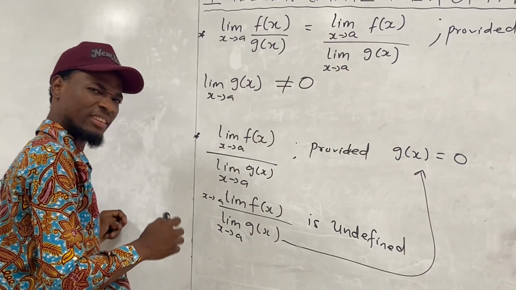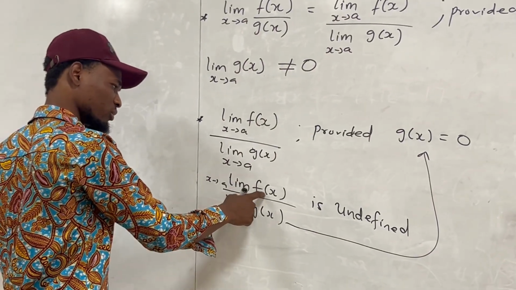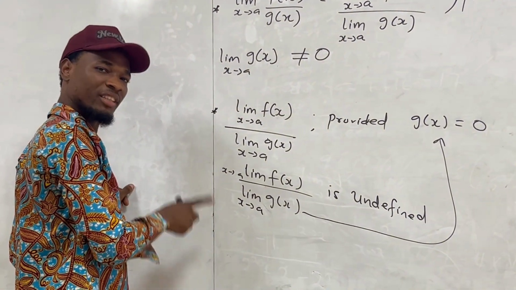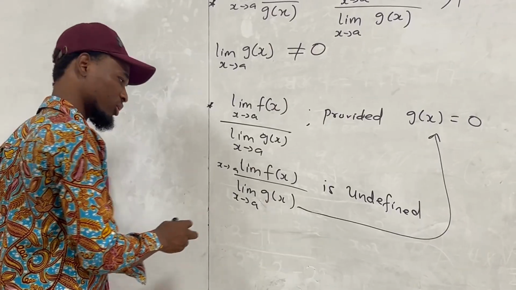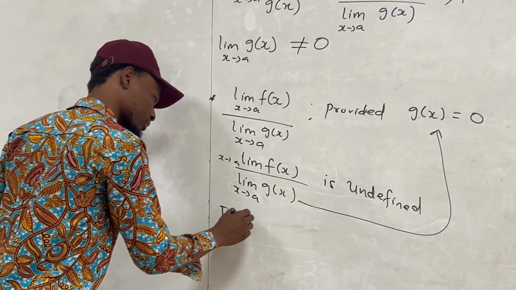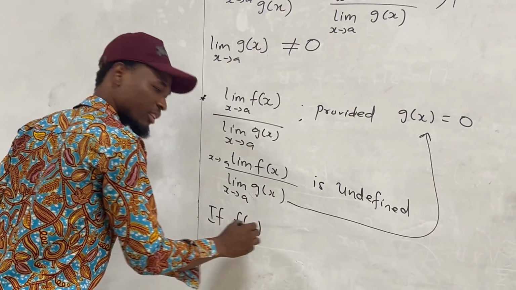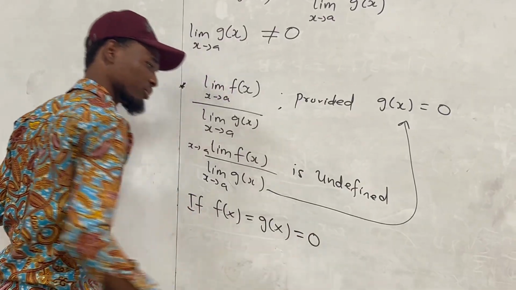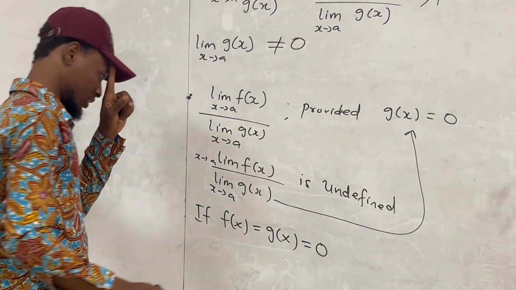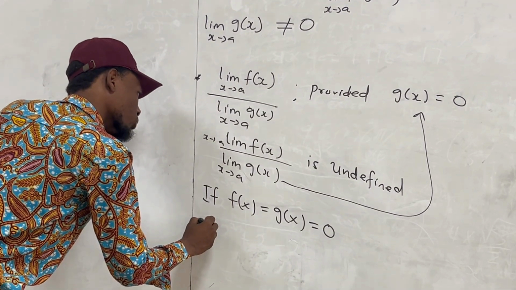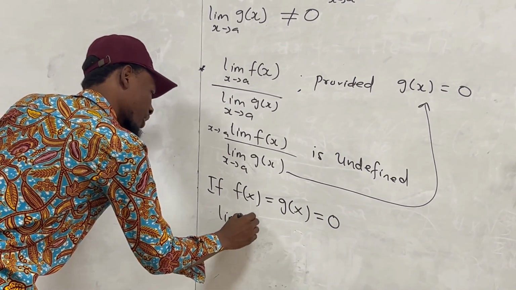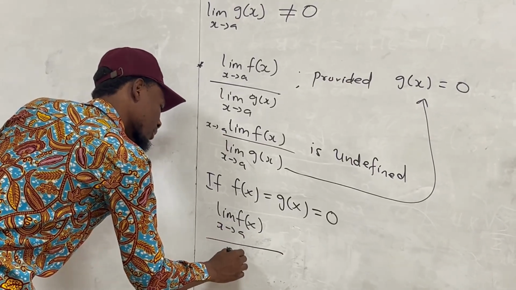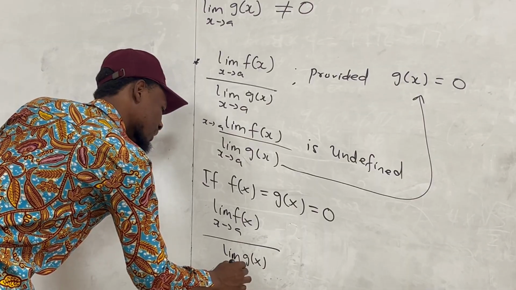Now, what happens if f of x is equal to 0, and g of x is also equal to 0? So we have the limit of f of x as x approaches a over the limit of g of x as x approaches a.